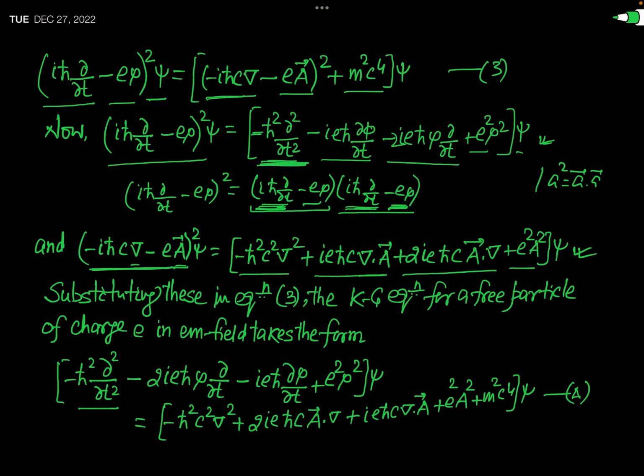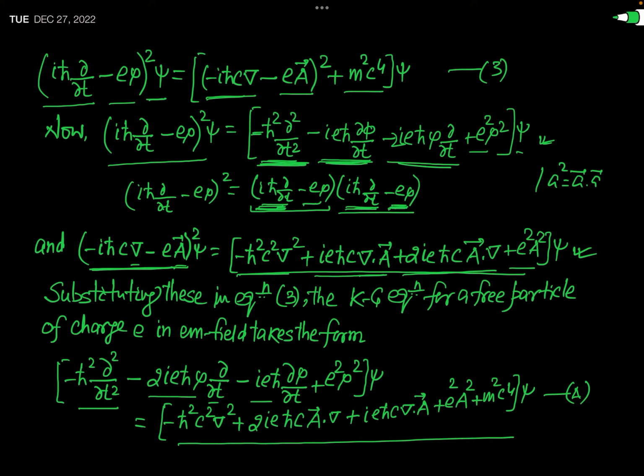This term is here, and minus 2 i e h bar phi del by del t minus i h bar del phi by del t. You can see it. This is here, and plus e square phi square operated on psi, and that is equal to this much.